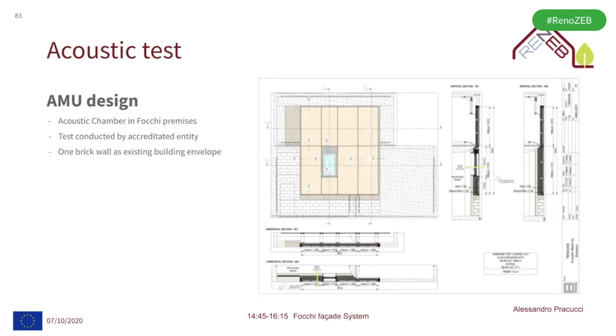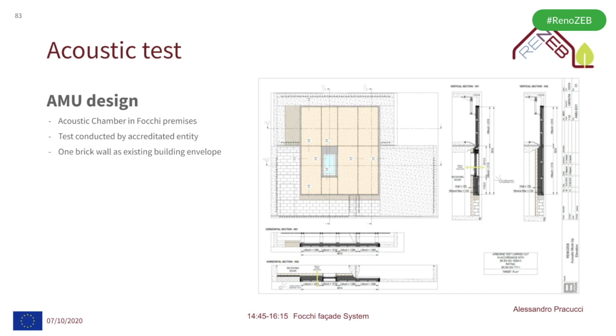We have here in Focchi, in our premises, a test chamber for this type of test, and this is the test we have designed for this particular validation. Considering that RenoZEB is not applied as a single panel, it could be obsolete, but it's not applied alone.